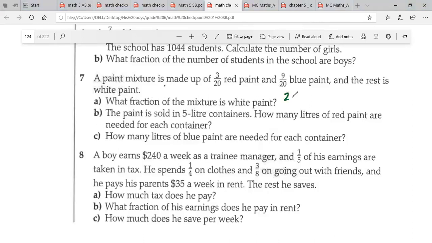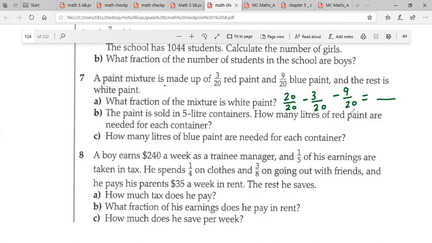I have 20 out of 20, because I take 3 for red and 9 for blue. The rest is white, so 20 minus 3 minus 9 gives you the fraction of white.